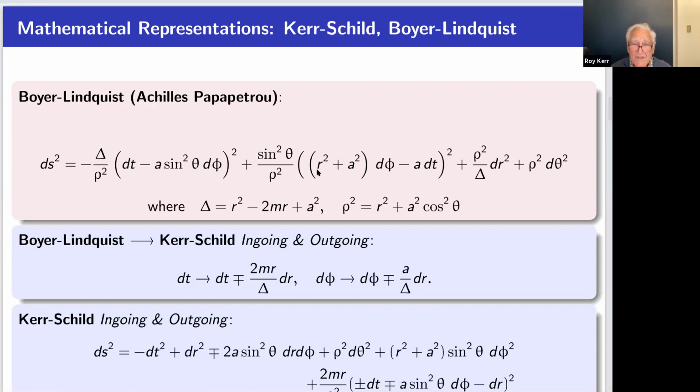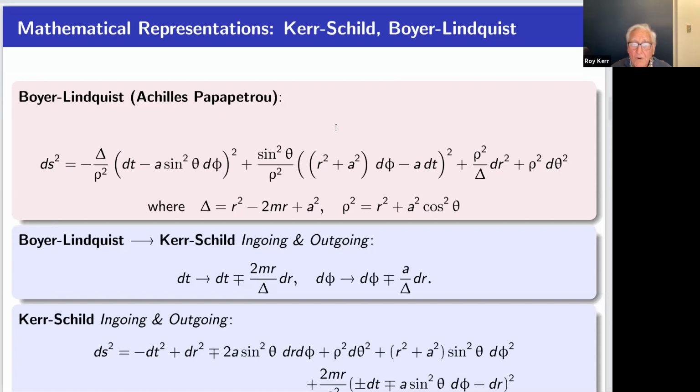And that's true of Kerr. Furthermore, in a beautiful paper, which I had a preprint of about the time I found my solution, he showed that the transformation from the form that one has it in to start with to this Boyer-Lindquist form is quite trivial and just involves a bit of algebra rather than solving differential equations. Anyway, that's why Achilles Papapetrou's name is on here. It's time he got credit for this.